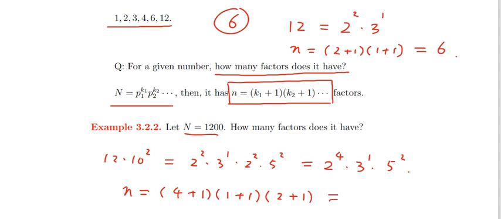That equals 5 times 2 times 4, which is 40. So we can say this number has 40 factors. If a number is big, then it could have many factors.